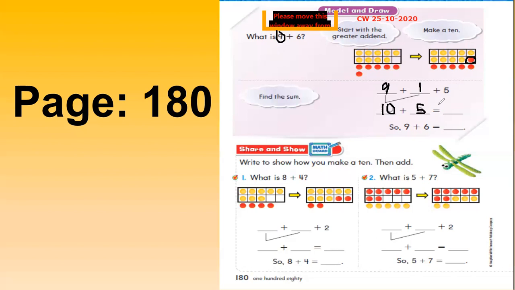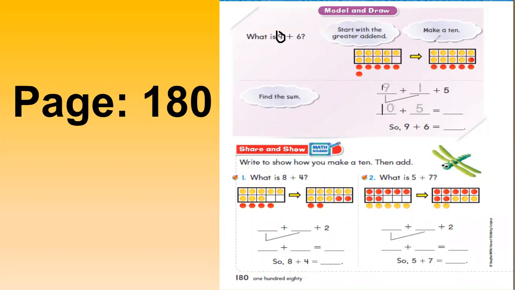So what is 10 plus 5 gives you? Equal to, after 10, 11, 12, 13, 14, 15. Yes, so 10 plus 5 gives you 15. So that becomes 9 plus 6 is also 15.